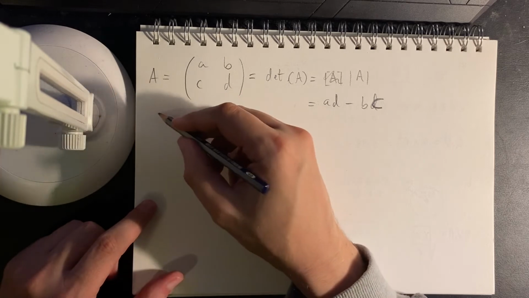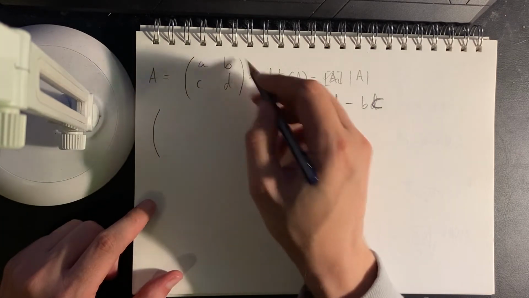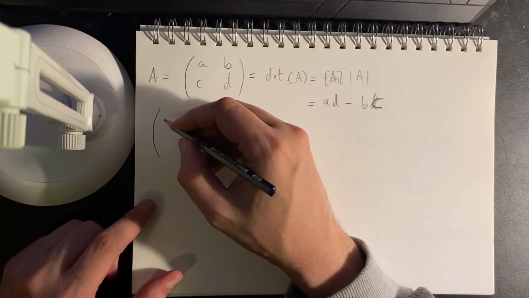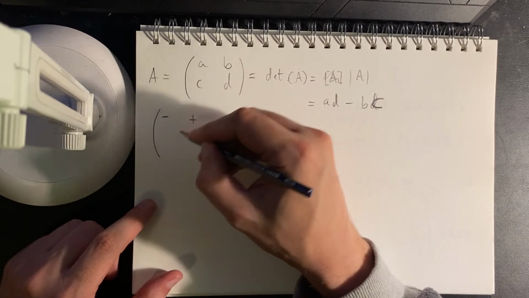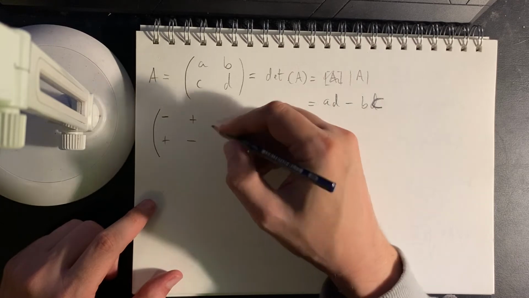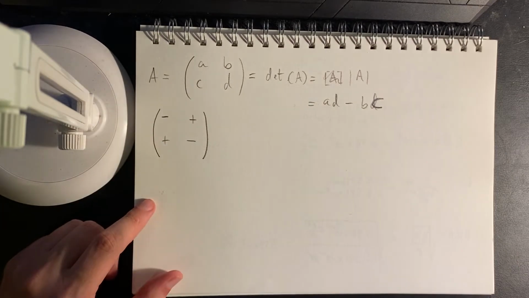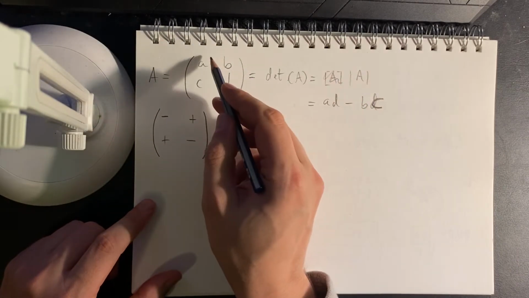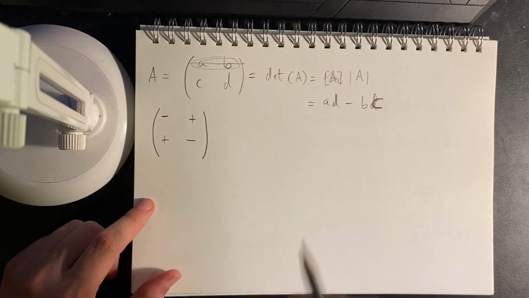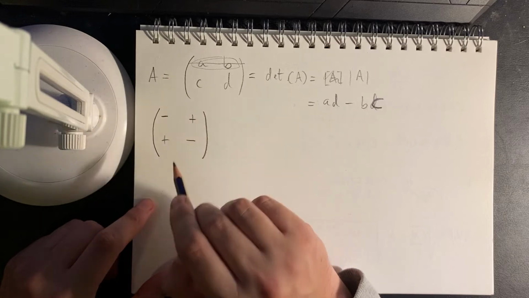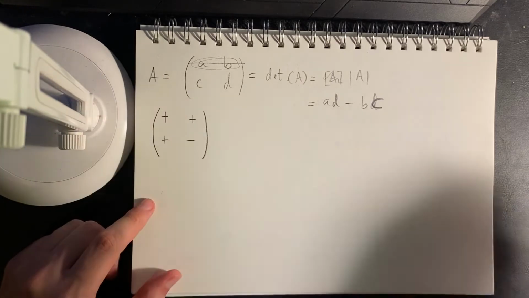But another way we can look at it is take this bit here and apply a mask of plus minus plus minus, then take a row or a column and expand along it.